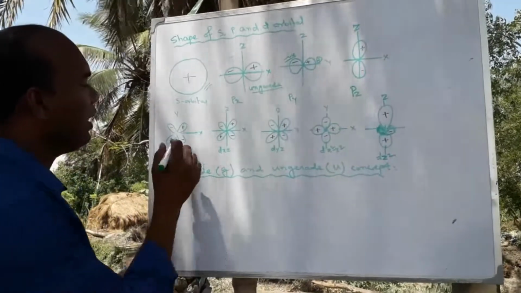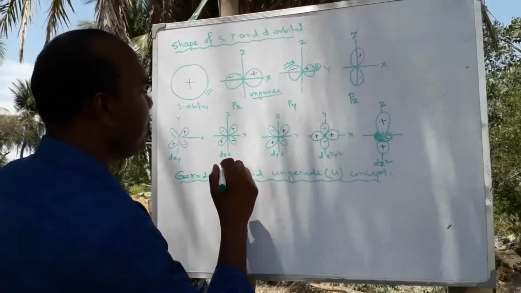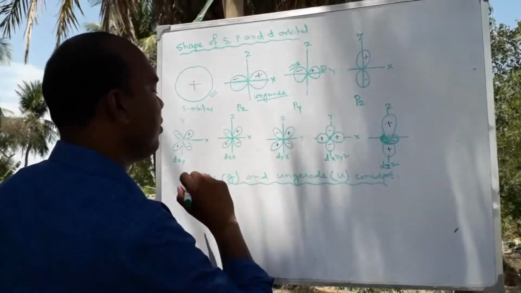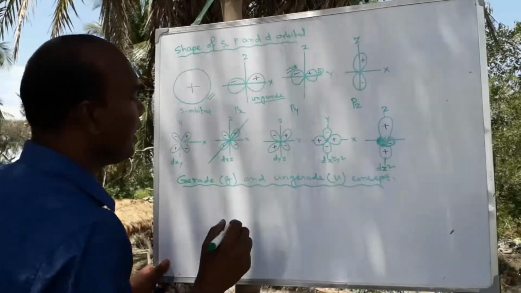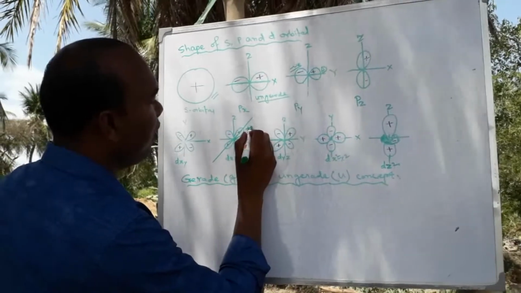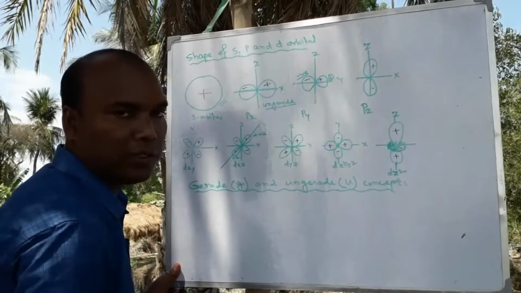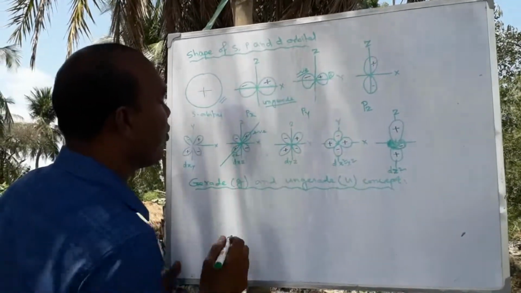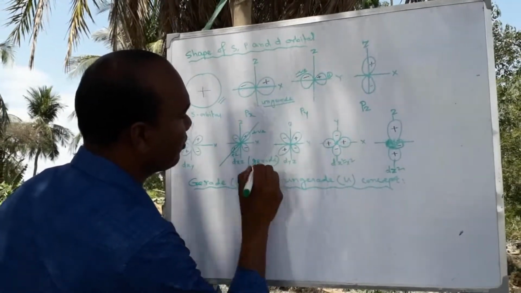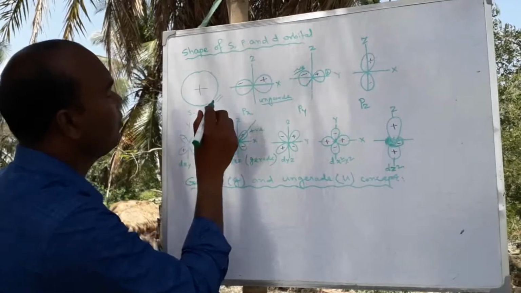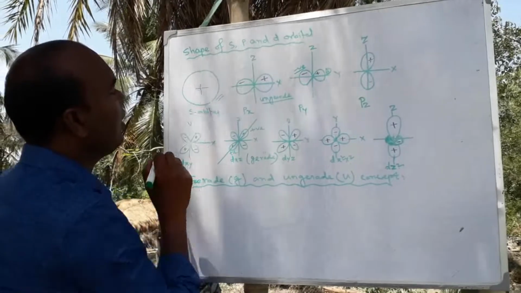But if you look at the d orbital, suppose this dxz orbital, then this is your center of inversion. If you imagine a straight line through the center of inversion, then you will get the same sign of wave function on both sides of the center of inversion. If that happens, then that type of orbital is called a gerade orbital. You see, for the s orbital there are no positive or negative parts, so your center of inversion will be here.